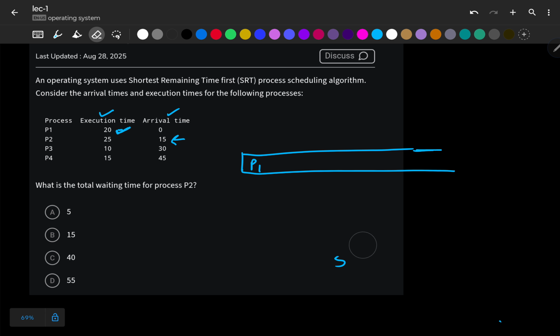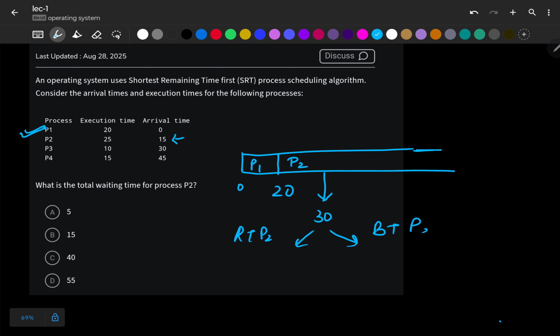until the time 20 units. So P1 has completed the execution. P1 is done. Now at 20 units of time, which processes have arrived? Only the process P2 has arrived. So of course P2 will come here. Now the next process arrival time is 30. So at 30 units of time, we will check the remaining time of P2 and the burst time of P3.